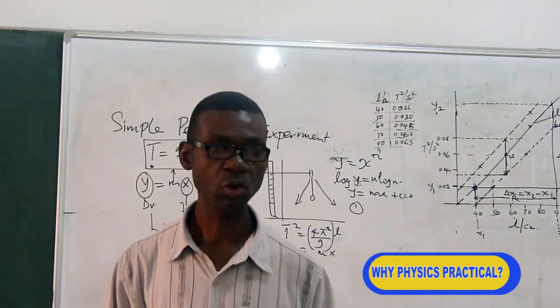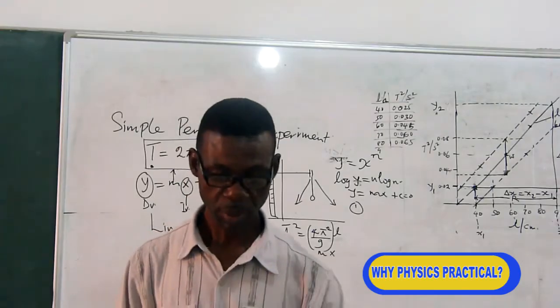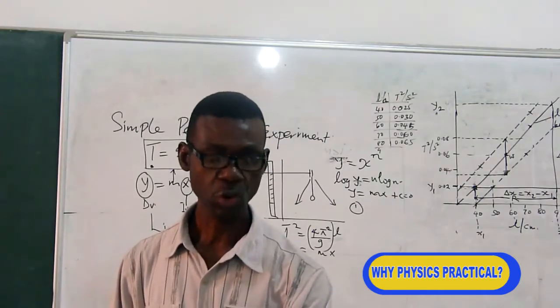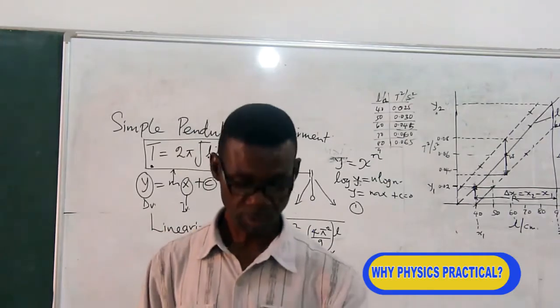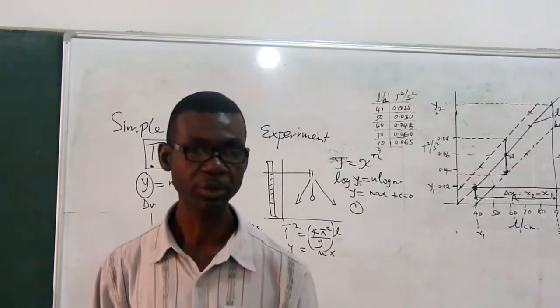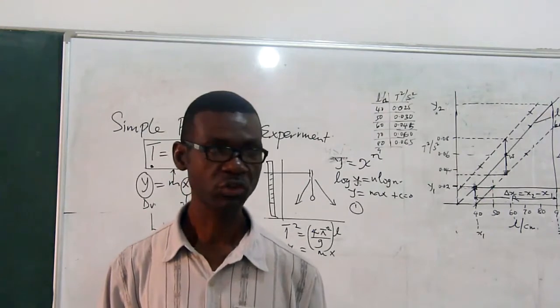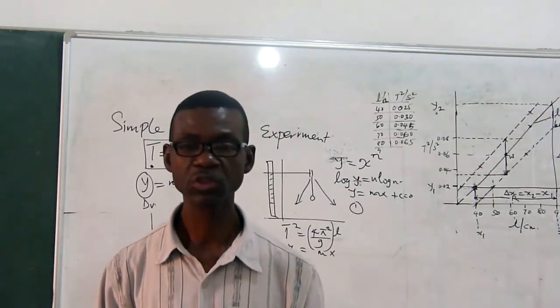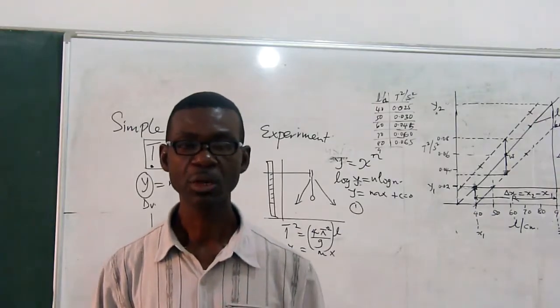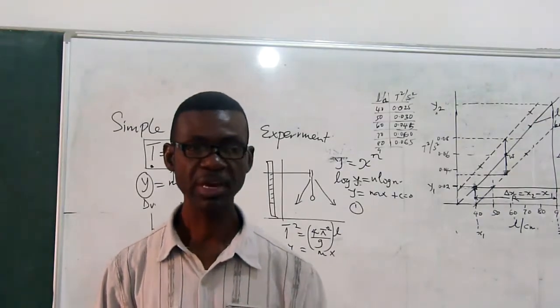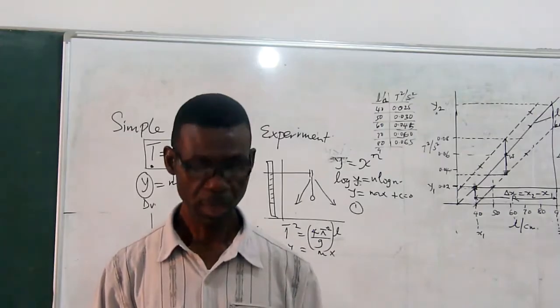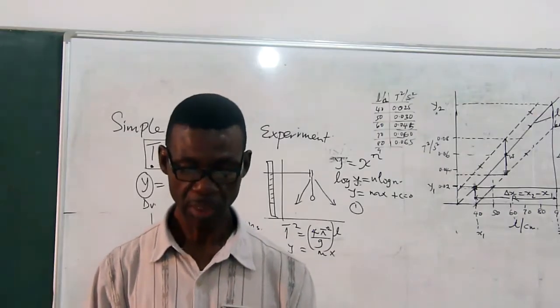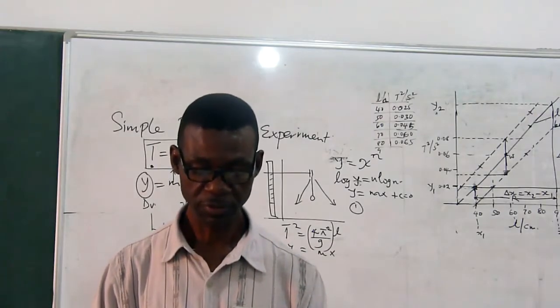Hypotheses, theories, and laws are postulations made by scientists or researchers which have to be verified. So we come to the laboratory to make verifications of those hypotheses, theories, and laws. So basically, that's why experiments or practicals are necessary in physics.